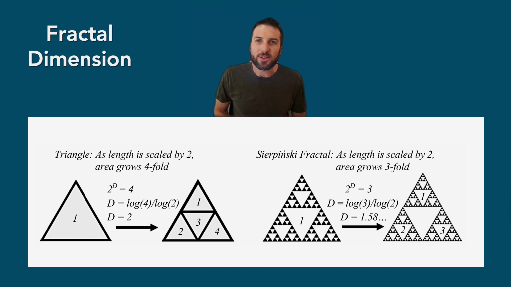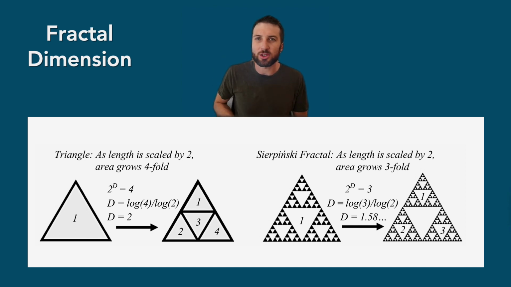However, this triangular fractal, the Sierpinski fractal, when you scale it by 2, you actually see that the total area just increases by 3. Because you can see when you look inside, there's an empty space in the middle. So there's one triangle on the top, a second triangle on the left, and a third triangle on the right.